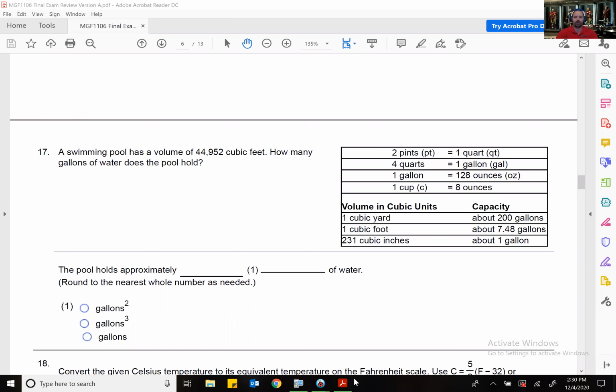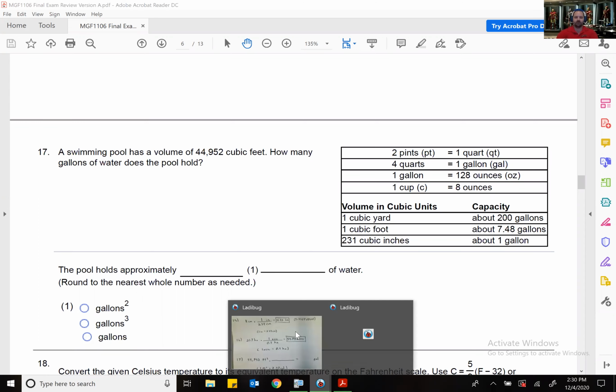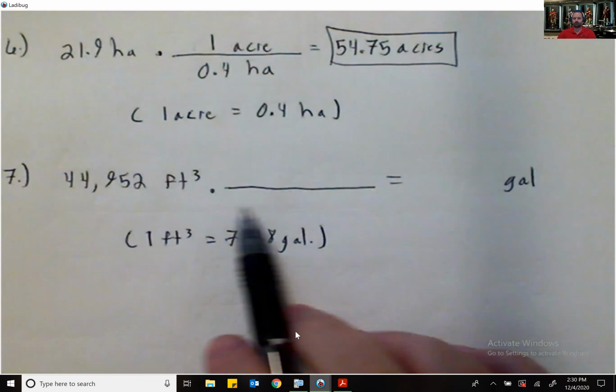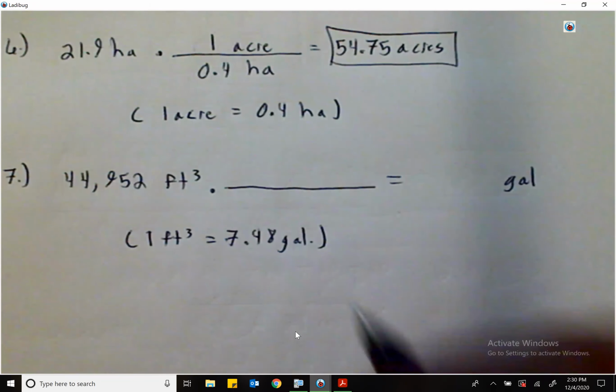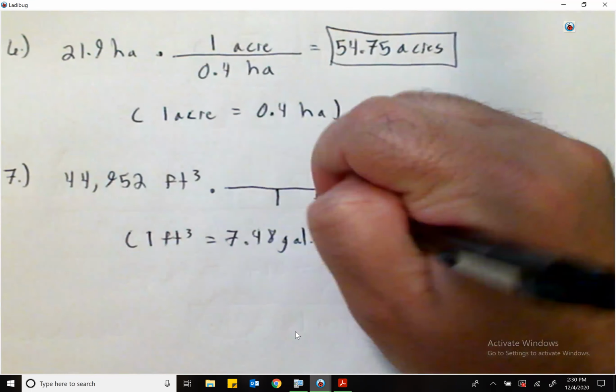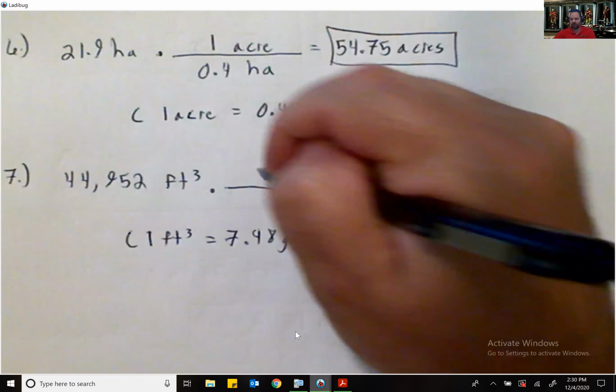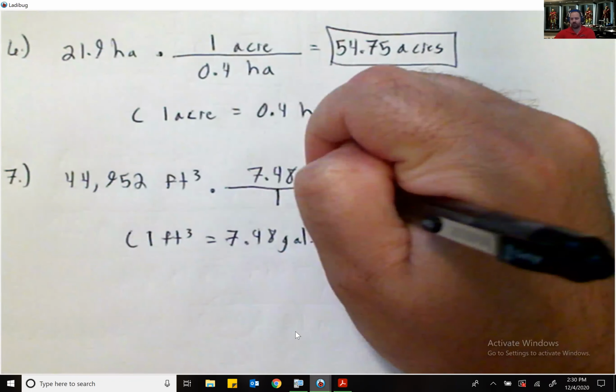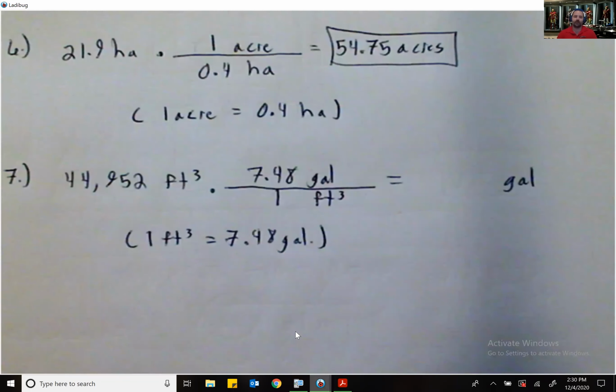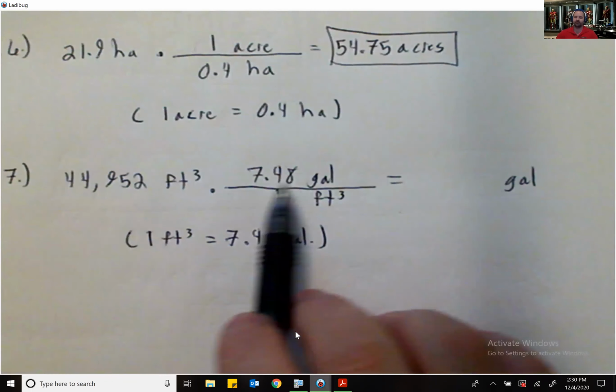So all we got to do, set it up. Who's in the denominator? 1. And that means the 7.48 gallons is in the numerator. So really all you have to do is take our 44,952 times 7.48.